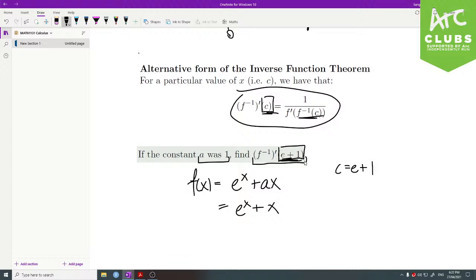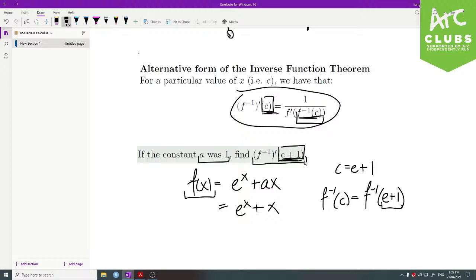I now have to just calculate what the f inverse of c is, which is the same as saying the f inverse of e plus 1. This is the same as asking yourself, what value of x do I have to plug into f(x) to give myself e plus 1? Because f inverse is just, like I said, the domain and range flip.